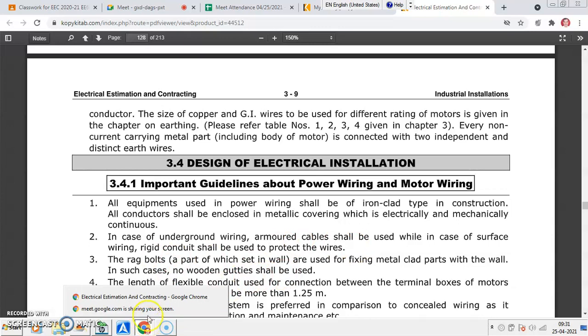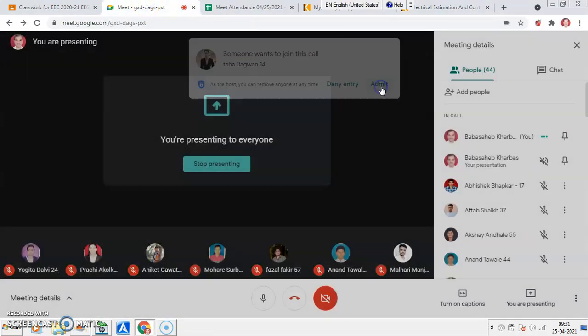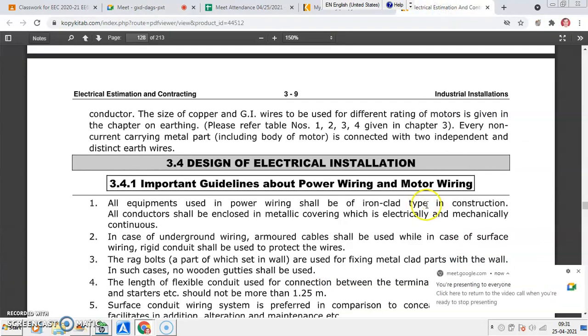So as far as industrial wiring is concerned, safety is a major part, for avoiding damages, because in industry there is continuous movement, handling of heavy equipment, loads, lifting, such things are there.